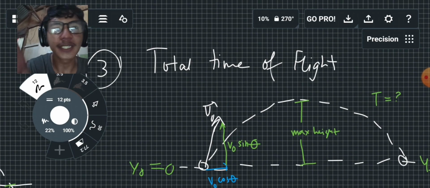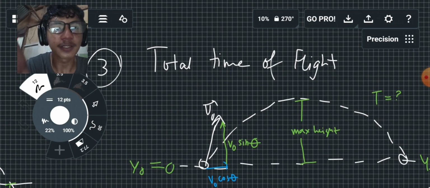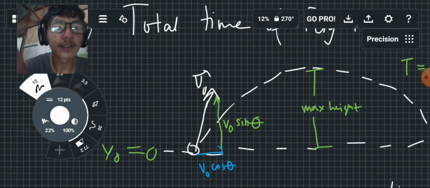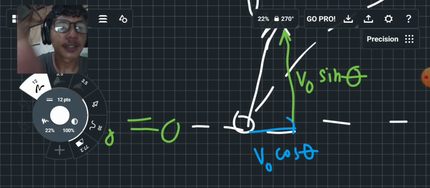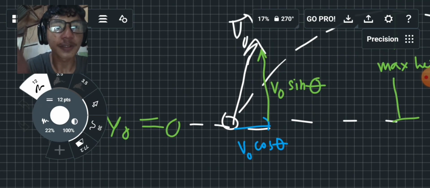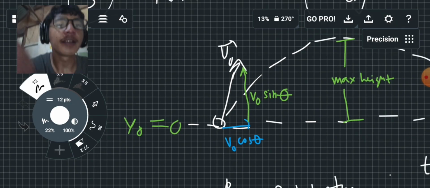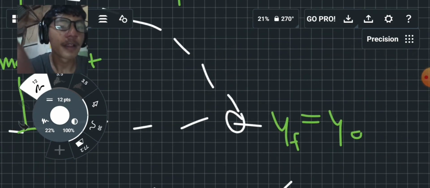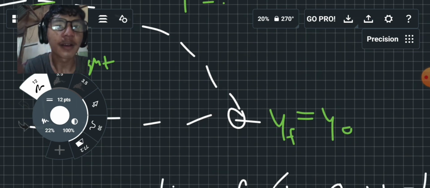Okay, so for this specific case, we will consider the object starting from its initial y position and landing at the same height.